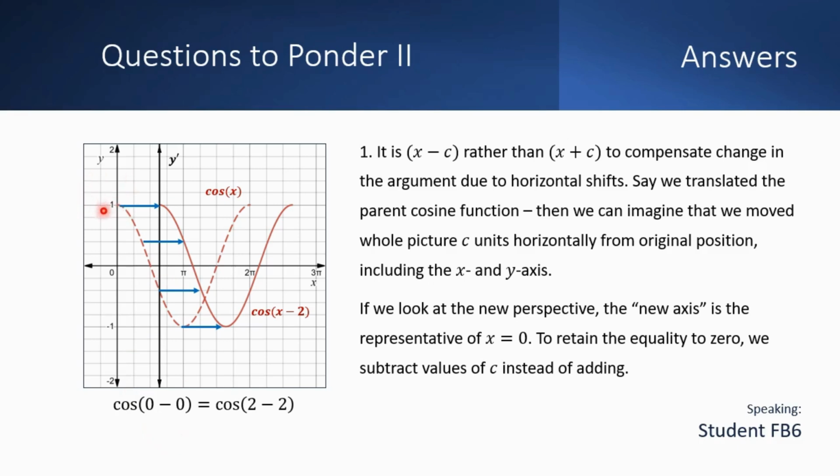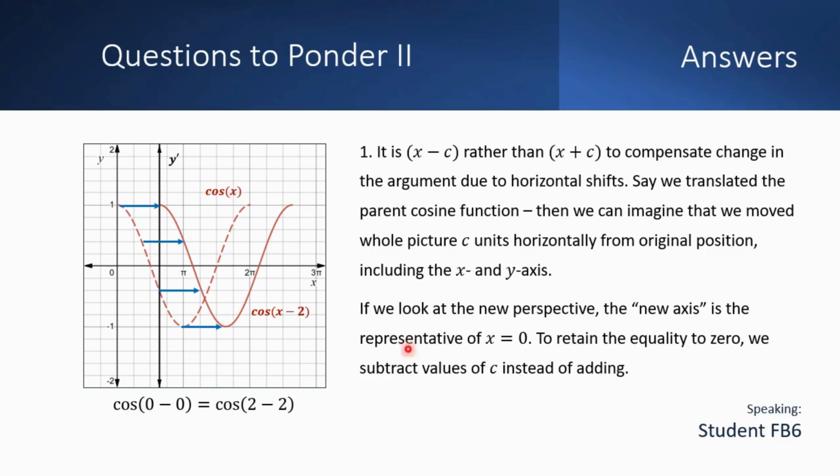So as we can see here, look at the cursor, the laser point. The point here has the same ordinate or y value as this point here. Those are points (0, 1) and (2, 1). They both have different abscissas or x values, but they both have the same y values, or the output of the cosine function.